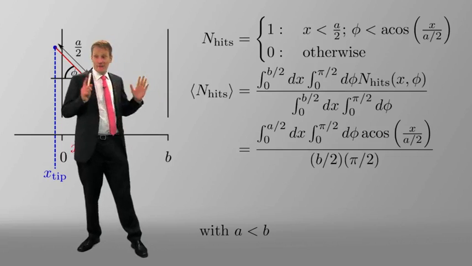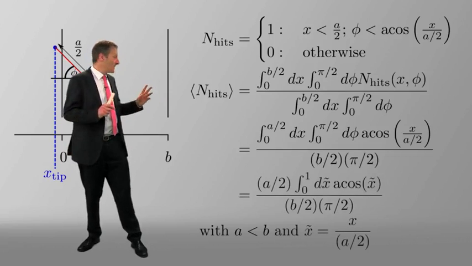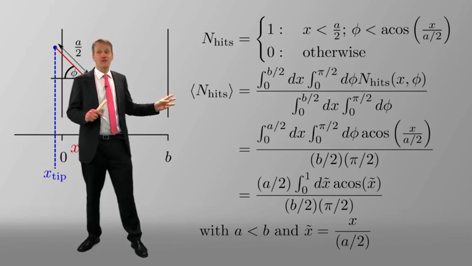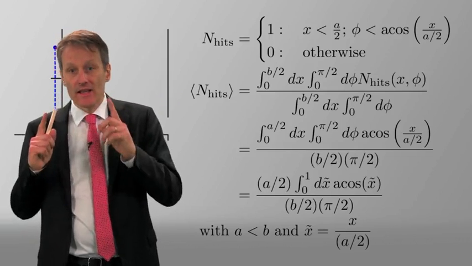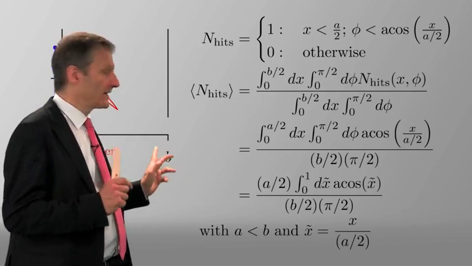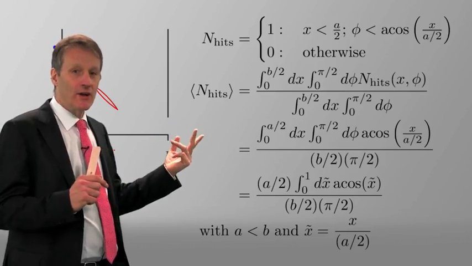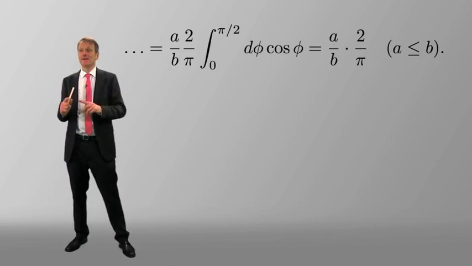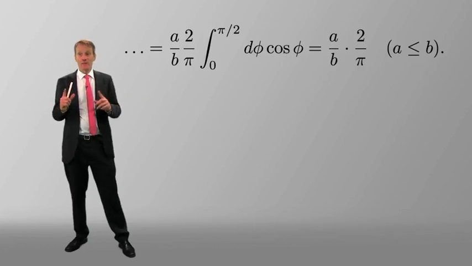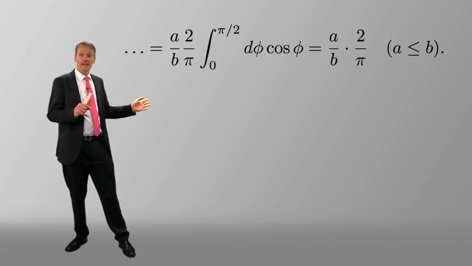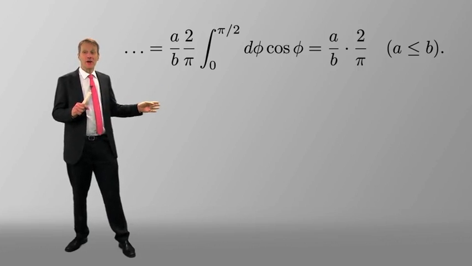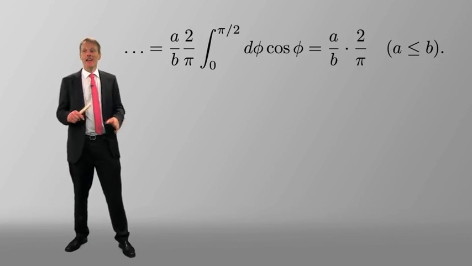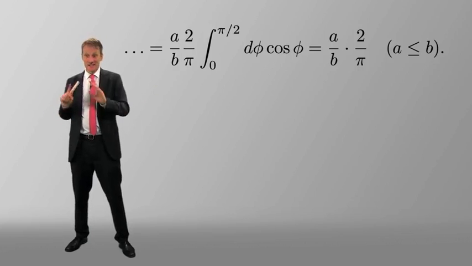So we have the solution of our problem under the condition that we know how to integrate dx from 0 to 1 of arccosine x. Well, think about it twice and you will find out that it would have been wiser to first integrate over x and then integrate over phi. And we find that the expected number of hits is proportional to an integral d phi from 0 to pi over 2 of cosine of phi, and this integral, we know how to do it, it is equal to 1.